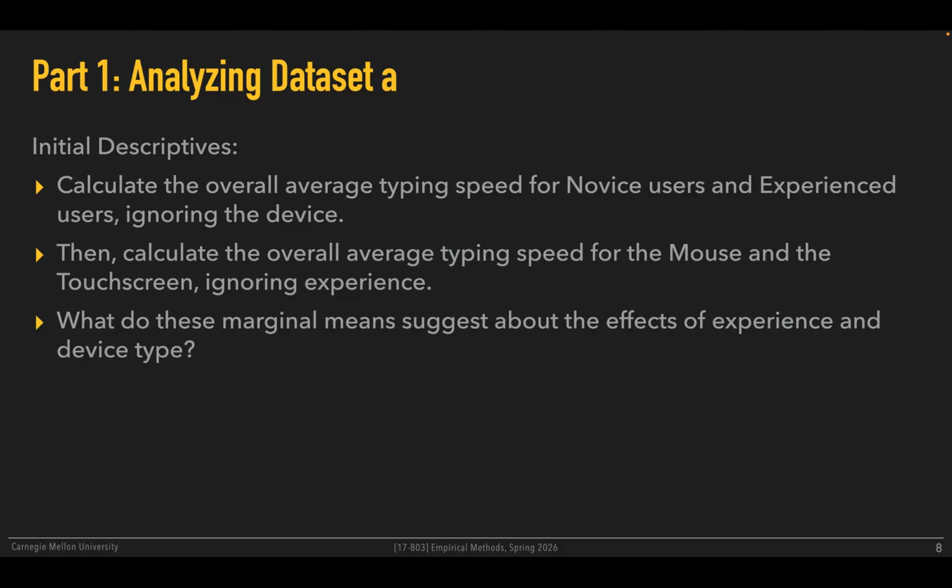Experience doesn't matter. Experience doesn't matter, and does device matter? No. Nothing matters. These two things don't matter. But these were the two things that you were testing. Yeah. Experience doesn't matter, device doesn't matter.